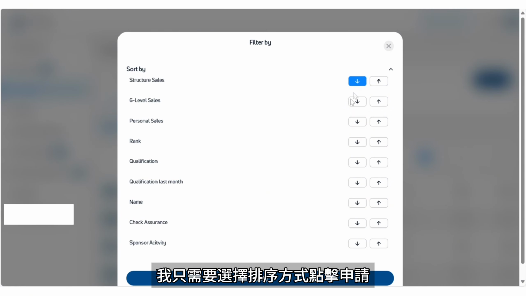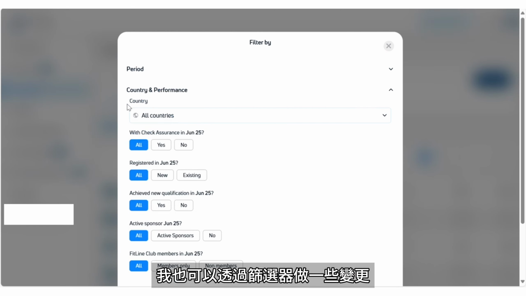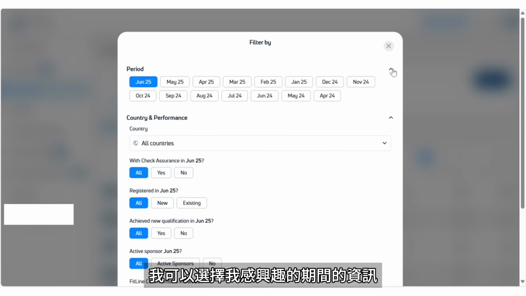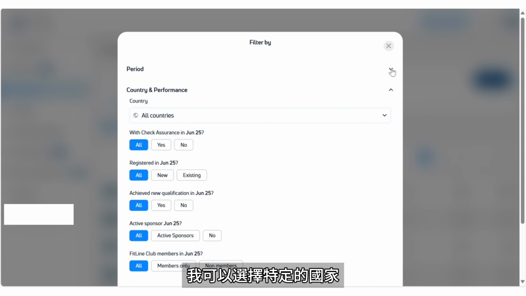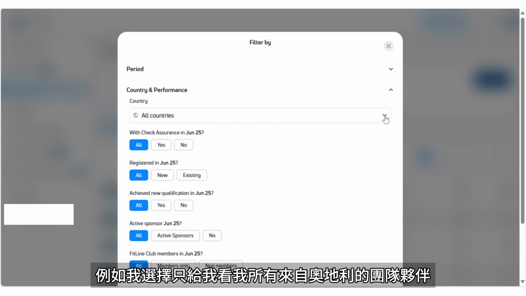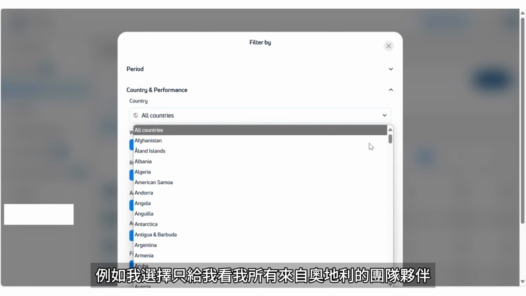So I just have to click on apply if I want to change that. And I can do some filters here as well. I can select the period, when what information is interested. I can select special countries. If I have a big international organization, I say show me only all my team partners from Austria, for example.